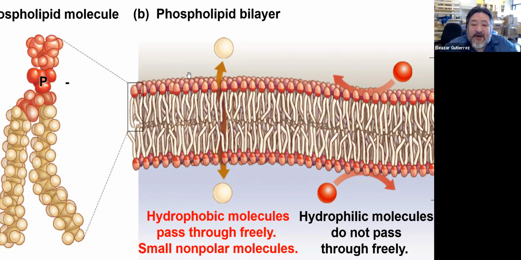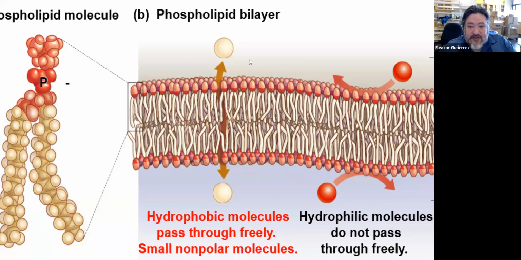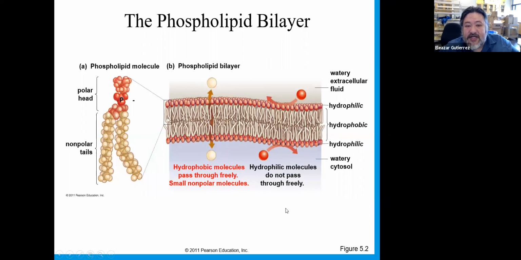And one of the things that your author goes to great extent to explain to you is that this arrangement that we're seeing here, this bilayer, is not a coincidence. It is not a random event. It's something that happens because we have the inside.